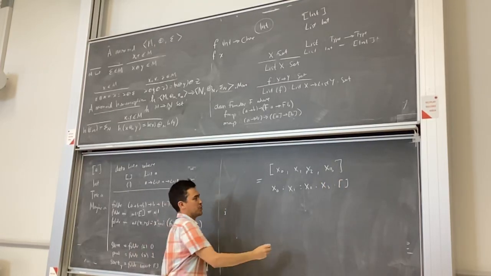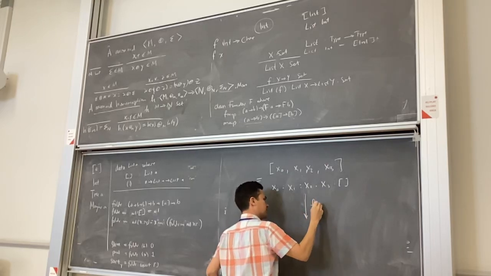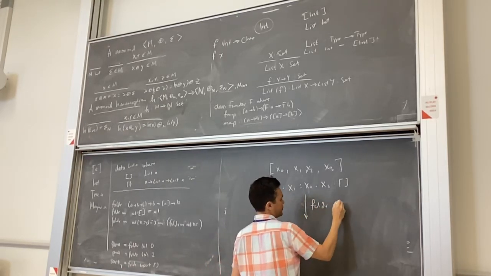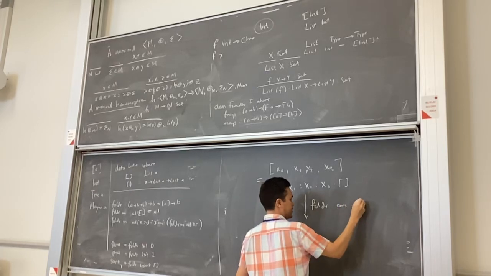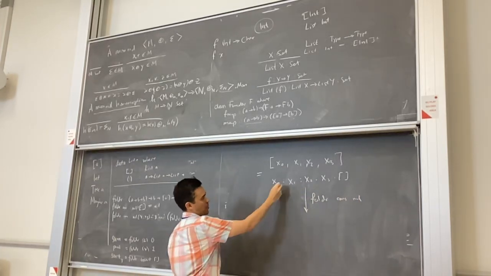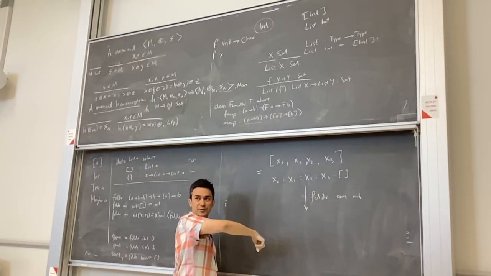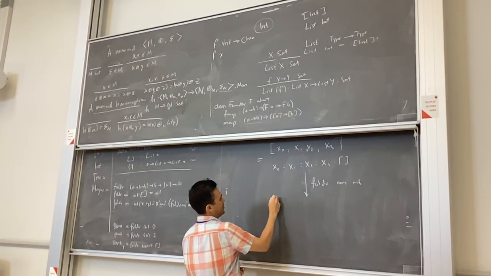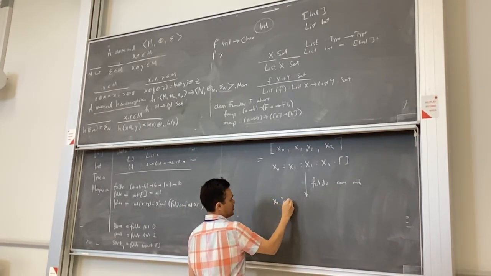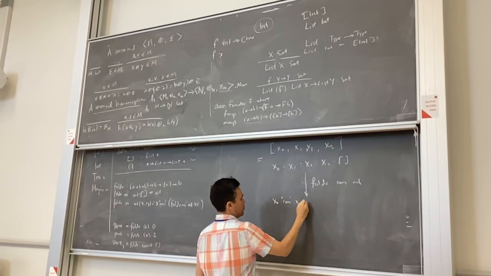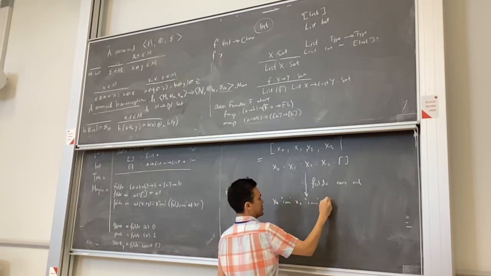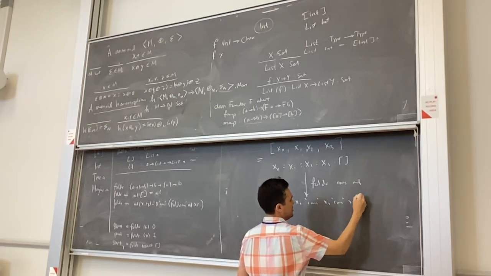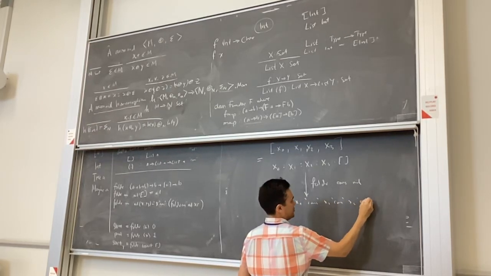What does fold do to this thing? If we fold R with cons and nil, we're basically going to transform all the conses into conses and the nils into nils. So it's going to be x0 cons, x1 cons, x2 cons, x3 cons, nil.